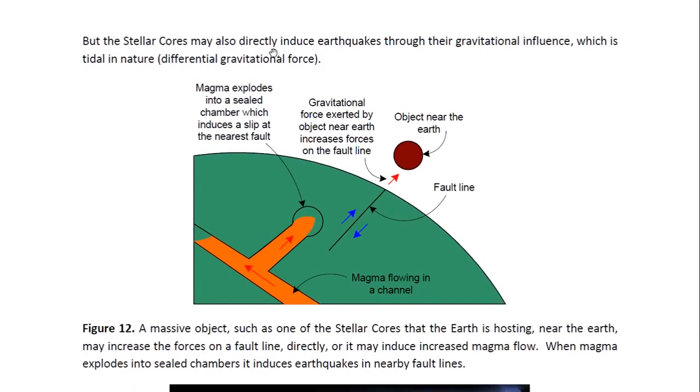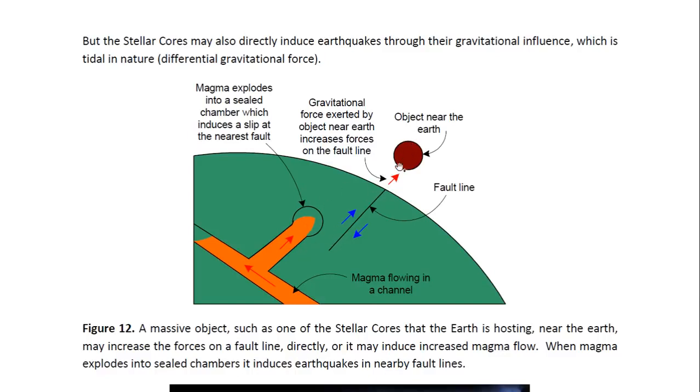Now, the stellar cores may also directly induce earthquakes through their gravitational influence, which, although small, is still there. So it ends up having a tidal force, or a force which is tidal in nature. And a tidal force is actually a differential gravitational force, in that it's very strong underneath the object but very weak everywhere else.